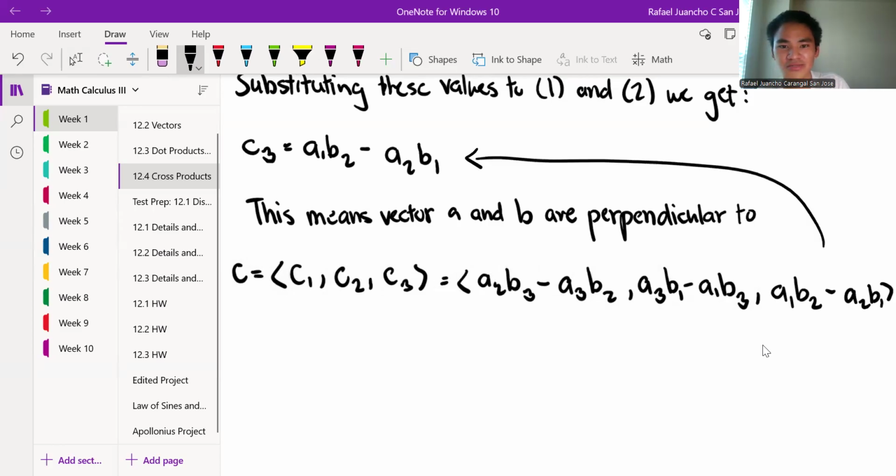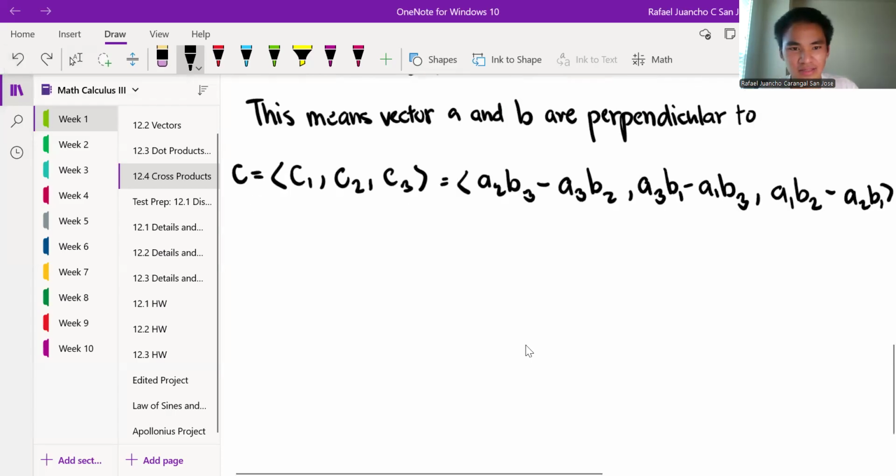Which is actually this one. Great, so that's the resulting vector.